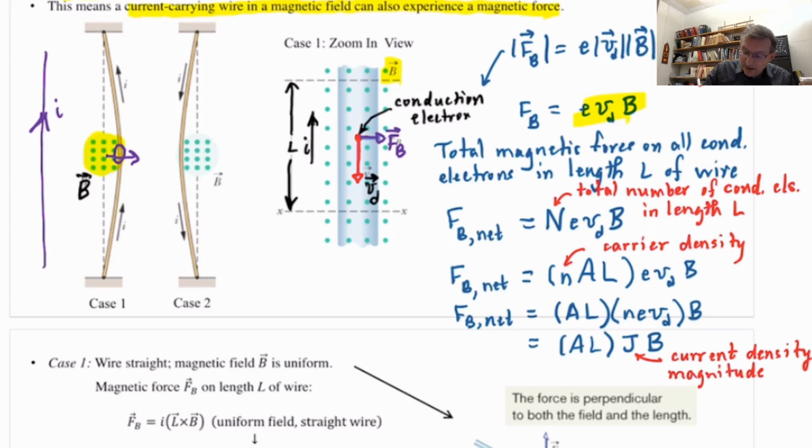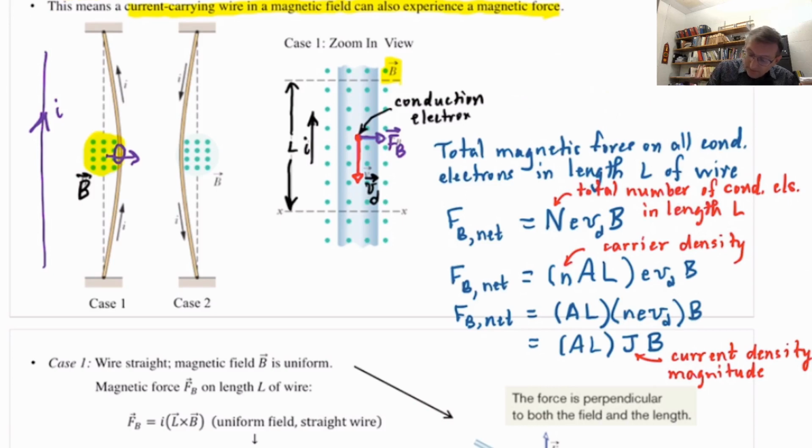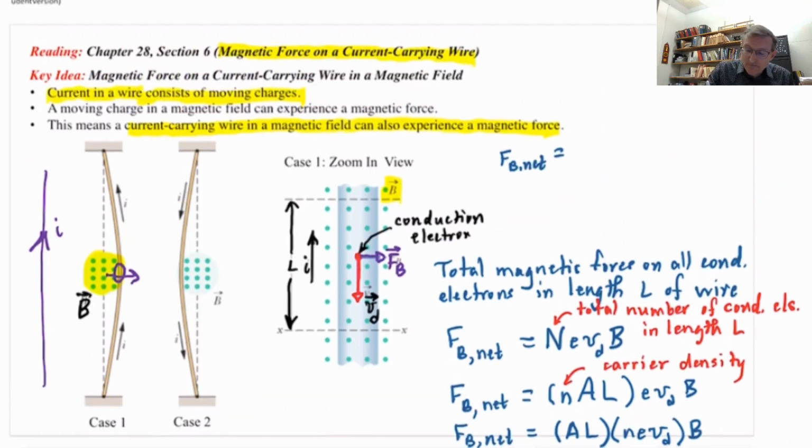But current density J, I'm going to have to now start erasing up here. Current density J, by definition, is current per unit cross-sectional area. We already talked about that.